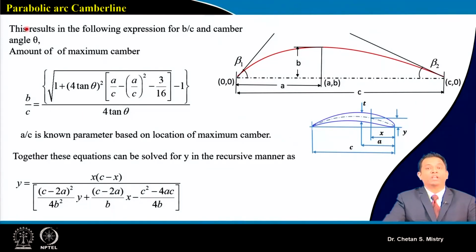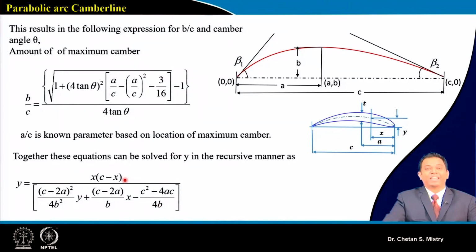And if you solve this equation rigorously, you will finally come out with the equation for the distribution of my camber line. It is given by x into bracket C minus x, divided by this formula. Now you can understand we are moving towards more complexity, and that always requires a background of mathematics.